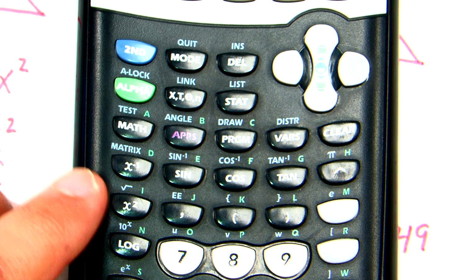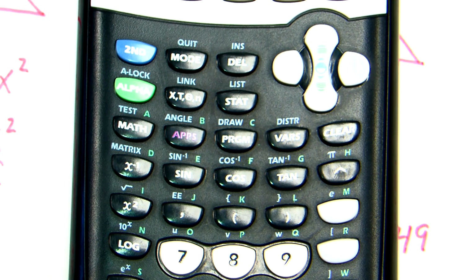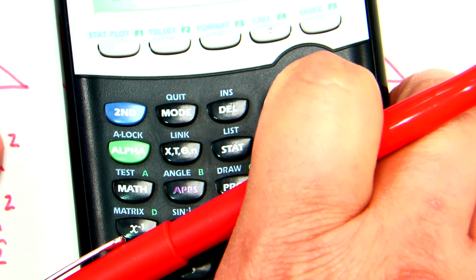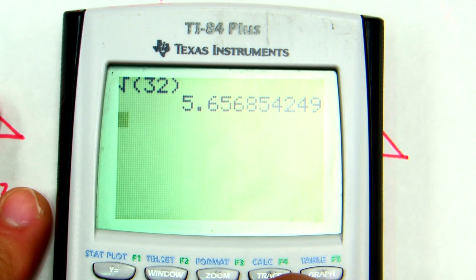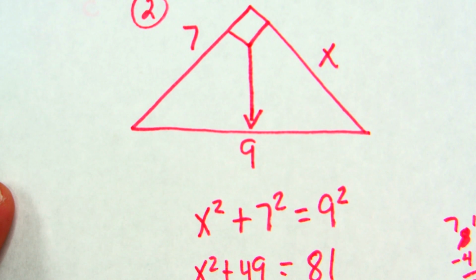So anytime it's above it, I know that I need to hit second, push in my square root sign, 32. You can close parentheses if you want, enter, and I get 5.65, or let's just round it to 5.7. So we round it to 5.7, and that is what x equals.